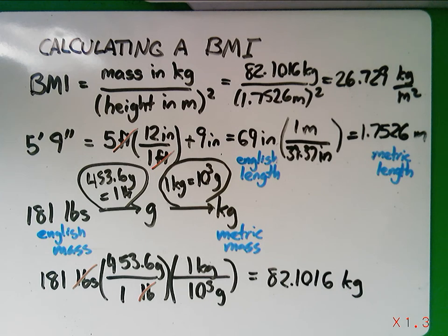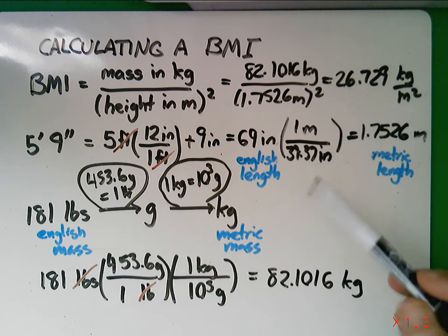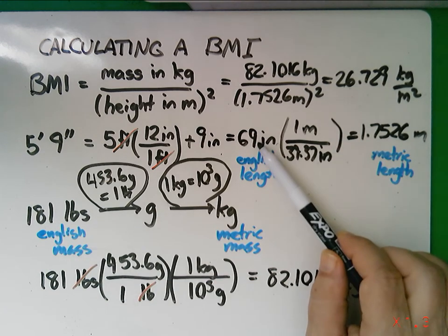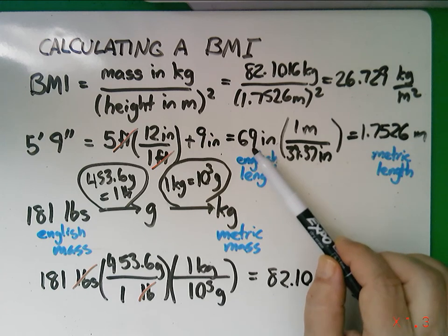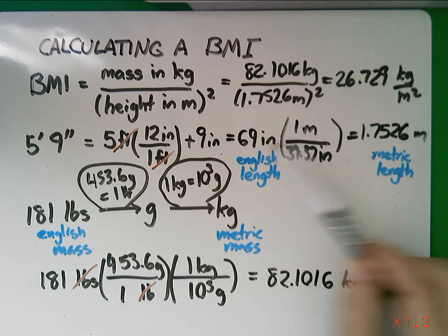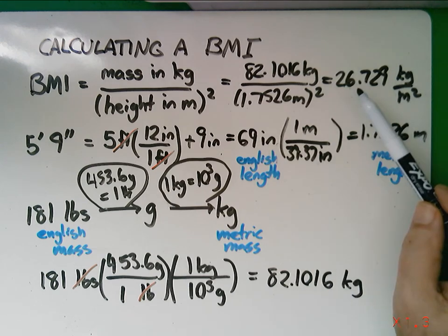Alright, but significant figures. I don't really know the BMI out that exactly. So I have to look for my weak link in the calculation. The two things that went into the calculation, the two inputs, one of them is going to be the weak link. You can tell it's going to be this one. It only has 2 significant digits, so you're only going to know this to 2 significant digits.